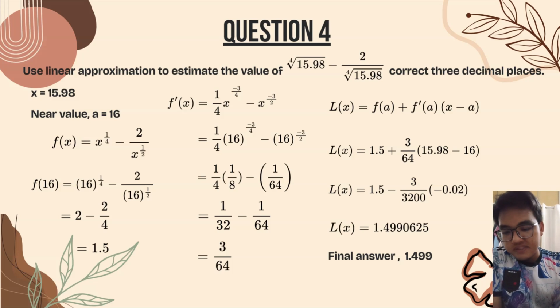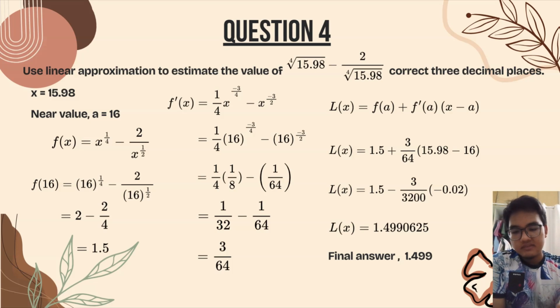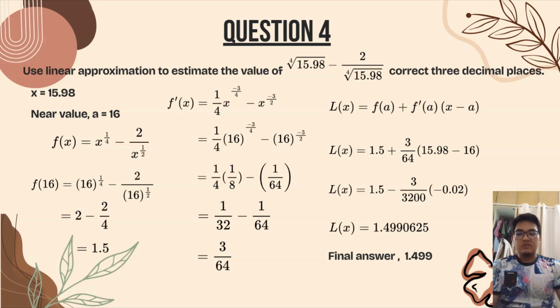So f(16) here is equal to, just write it all back, 16 to the power of 1 over 4 minus 2 over the square root of 16, which will be 2 minus 2 over 4, and it will be 1 over 5. So that's our f(16).